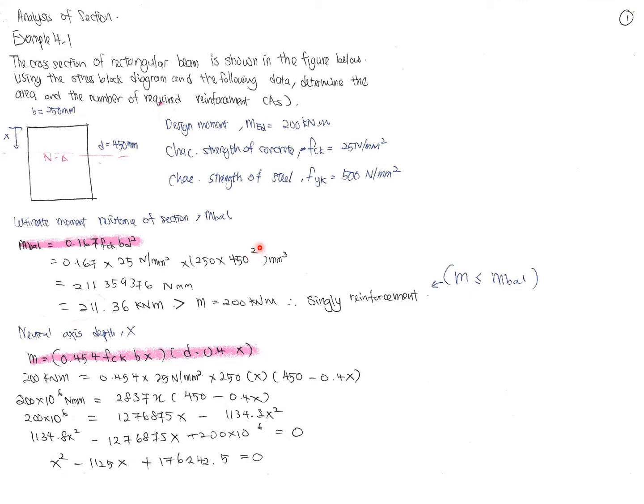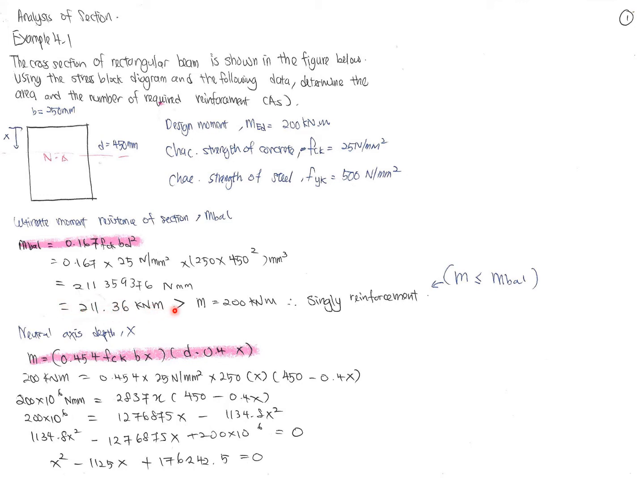So you calculate, and you will get this value, 211359376 Newton millimeter. Then you change the unit to kilonewton meter, and you will get 211.36 kilonewton meter.